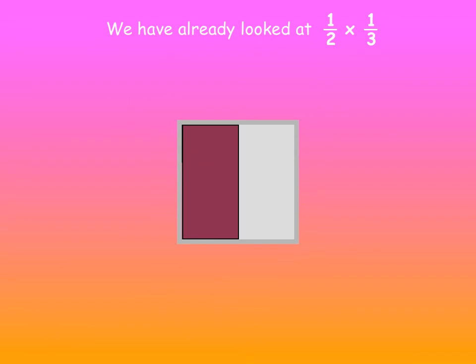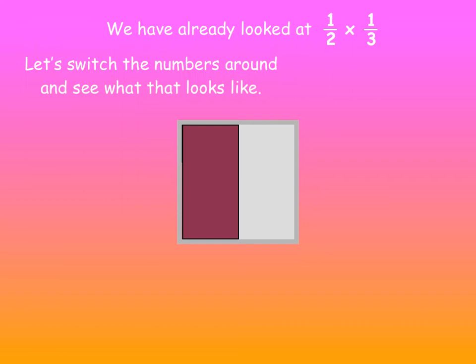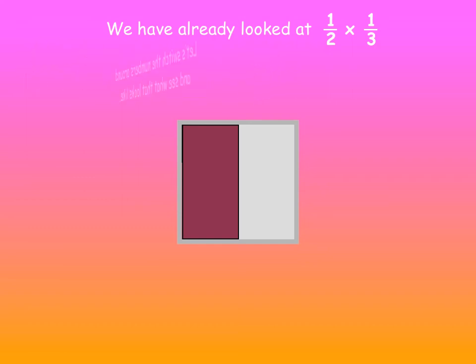We've already looked at 1/2 times 1/3. Let's switch the numbers around and see what that looks like. Here's what I mean. Instead of 1/2 starting, let's start with 1/3. And then we'll do 1/3 times 1/2. Well, how is that different? Look at the picture. We're going to do 1/3 of that half there. How do you do that?